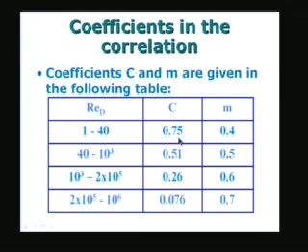Why do we have different values for different ranges of Reynolds number? Because the range of the Reynolds number determines the type of flow, the regime of flow which is taking place.